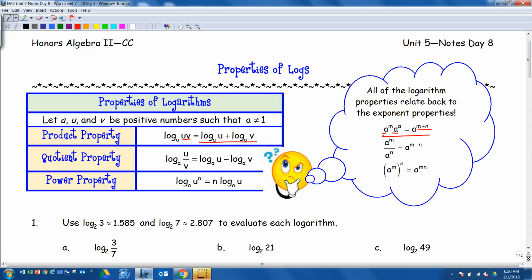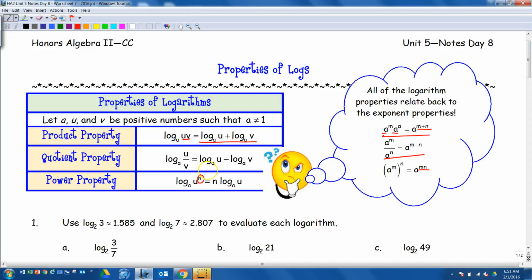For the quotient property, same thing. If you have log base a of two things that are being divided, you can take the top one, log base a of u minus log base a of v, and that relates directly to that rule. And finally, a power to a power. A power to a power, we ended up multiplying the two things.